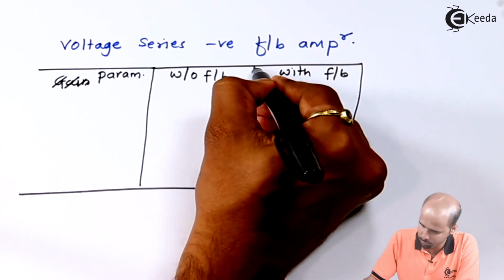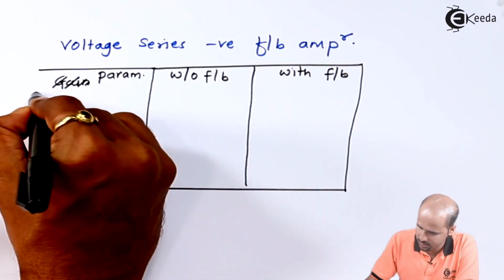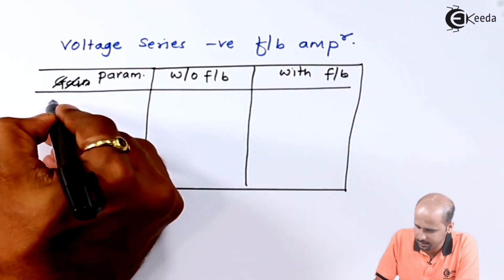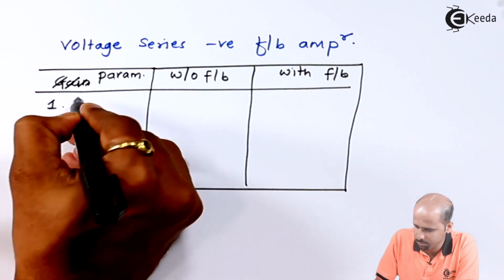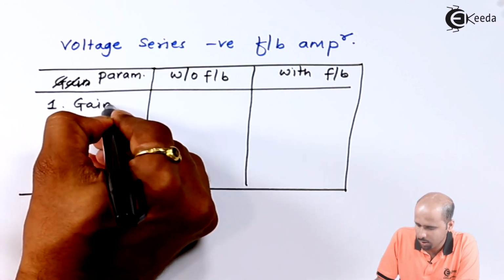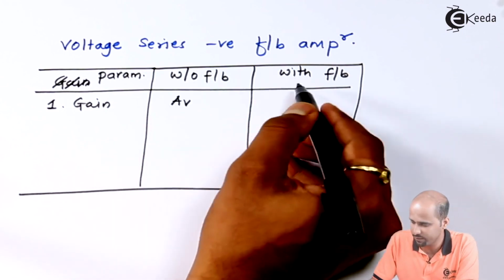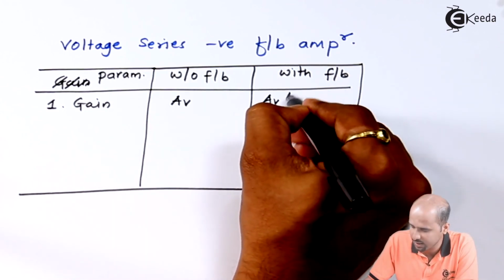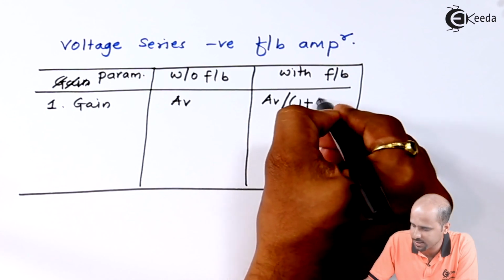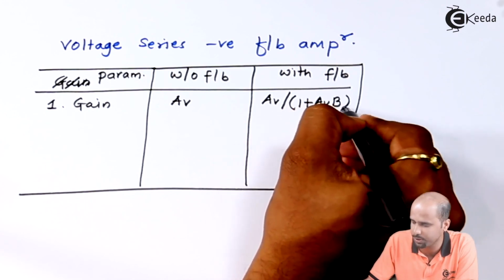The first parameter will become gain. Gain without feedback is nothing but AV, with feedback is nothing but AV divided by 1 plus AV into B.